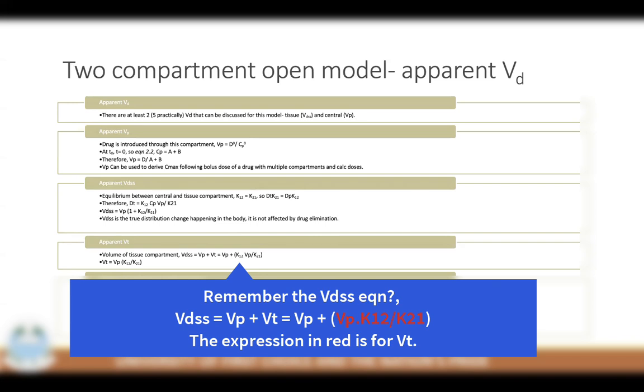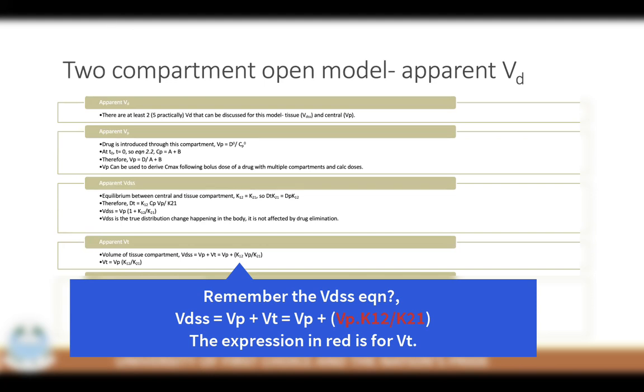Now, let's talk about apparent volume of distribution in the tissue compartment. The value of the volume of the tissue compartment can be inferred from the fact that, as indicated above in the VDSS equation, at steady state, that volume of distribution is a sum of all the volumes both in the central and the tissue compartment.